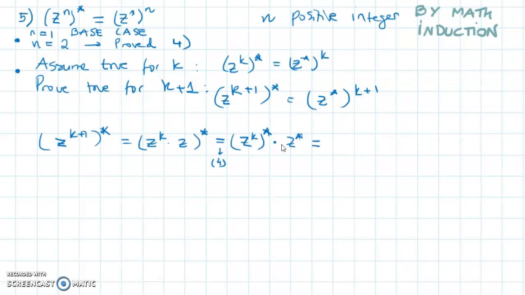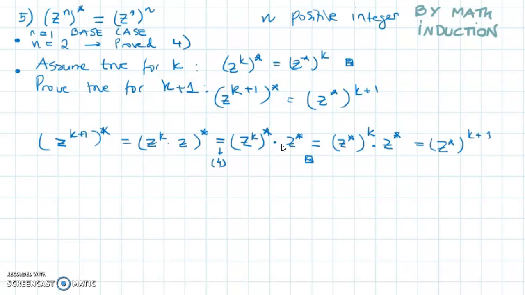But now for the first factor, the conjugate of z to the k, we can use the inductive hypothesis. So this is the property over here. It says that we can first consider z conjugate and then the k power of it, and we are multiplying that by z conjugate. So what we are doing over here is actually z conjugate to the power of k plus 1.